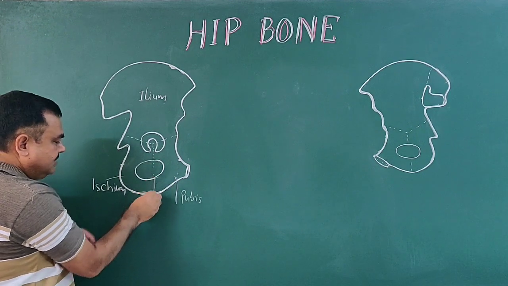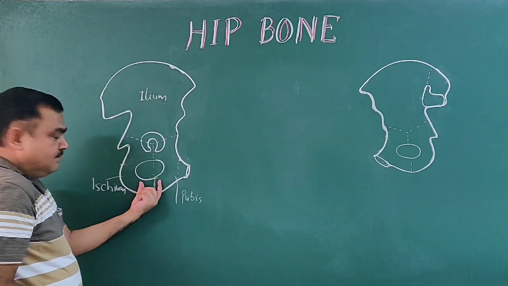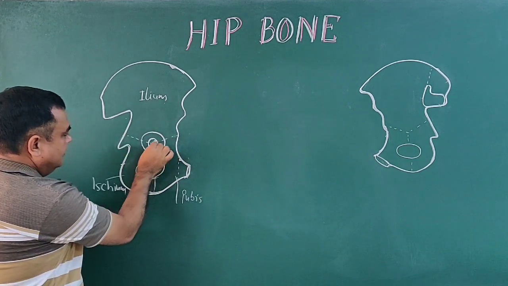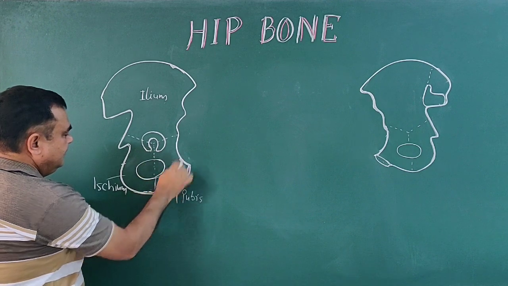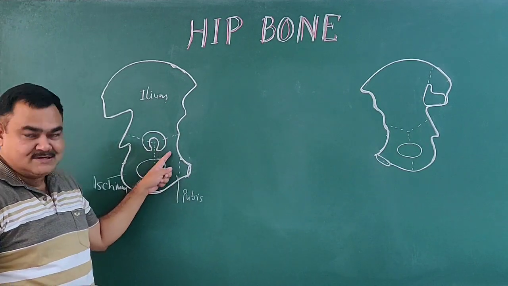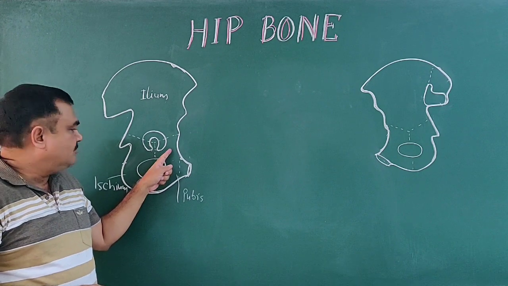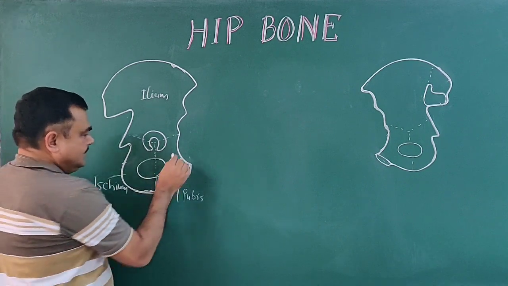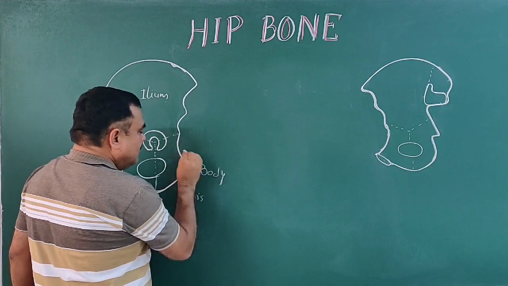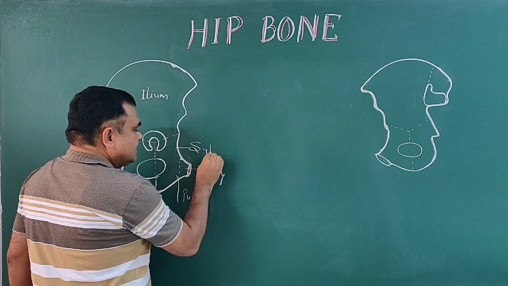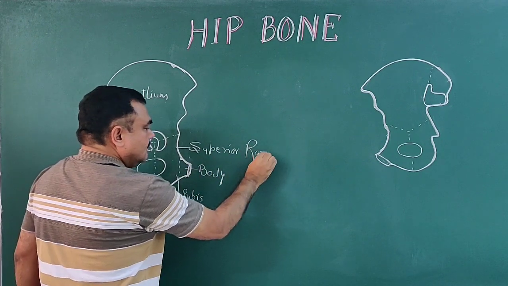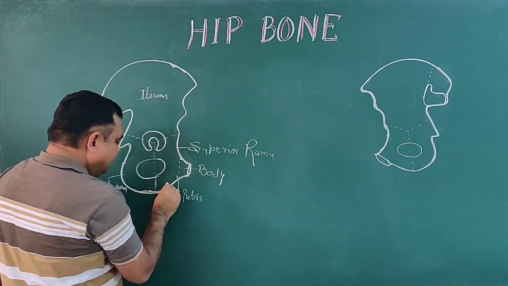Here is the junction of the ischial and pubic rami. The pubis has a body, a superior ramus, and this part is the inferior ramus.